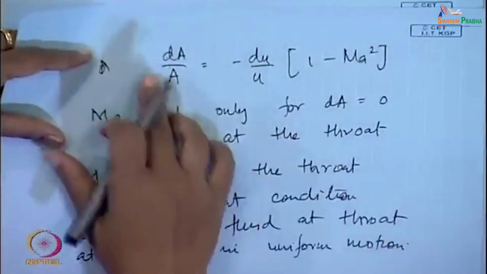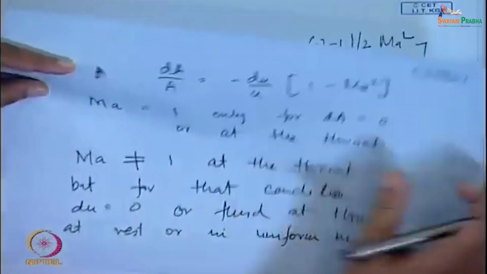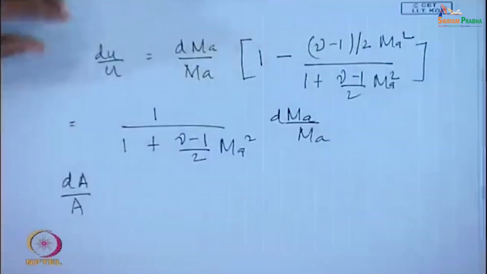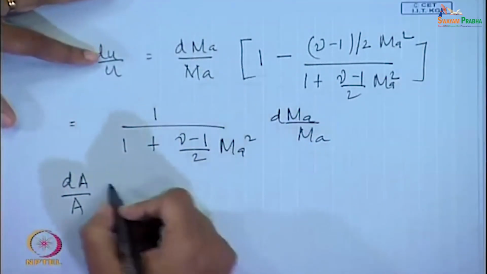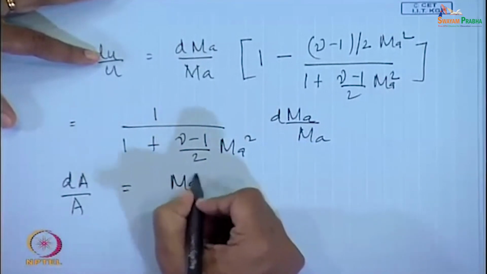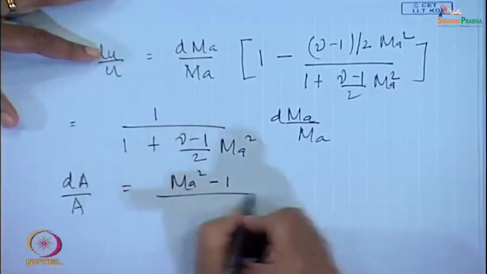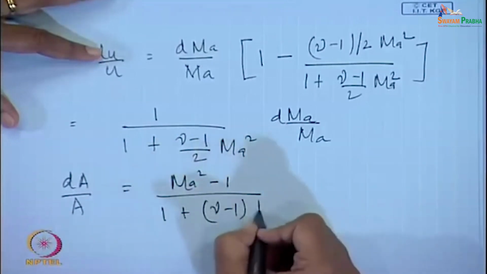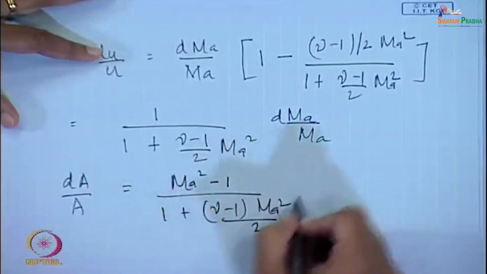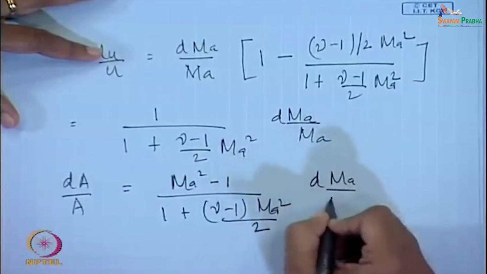We had dA by A equals to this. So, in place of du by u, we can substitute this particular equation. And then we get Ma square minus 1 by 1 plus (gamma minus 1) Ma square by 2, dMa by Ma.